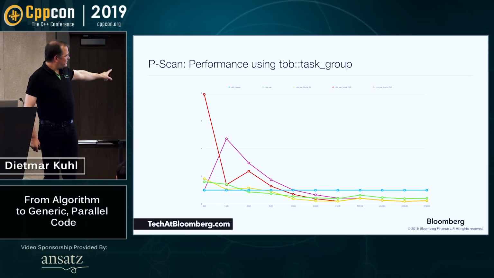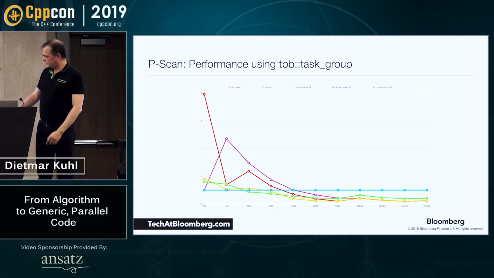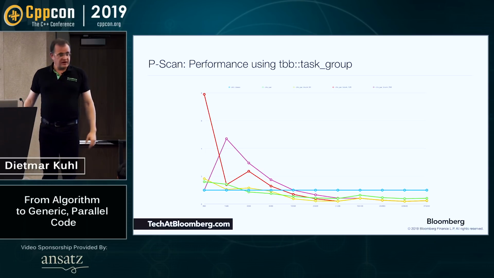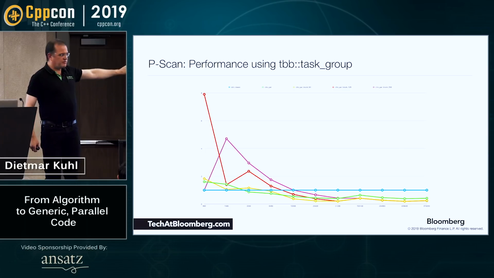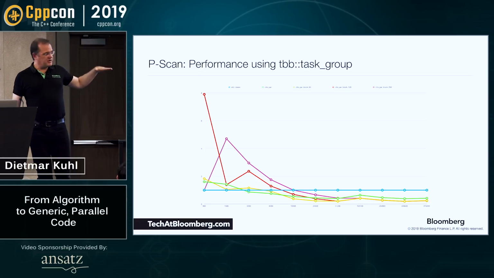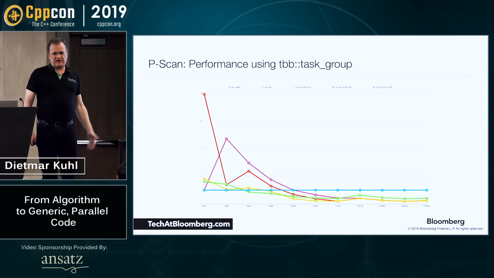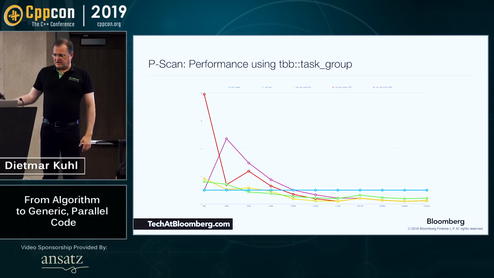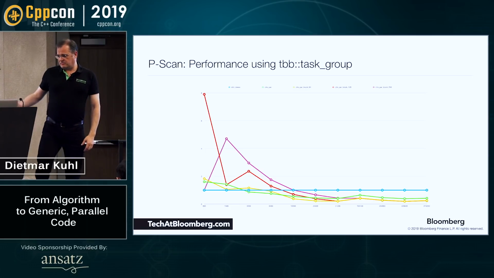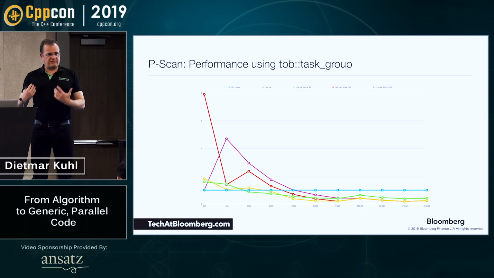Going from left to right is smaller sequences up to bigger sequences. And the blue line is doing it all sequentially. So in the beginning, I don't get any benefit, but once the sequences become big enough, there is at least an overall benefit. So that's a good start. There is actually a potential to actually get responses faster.